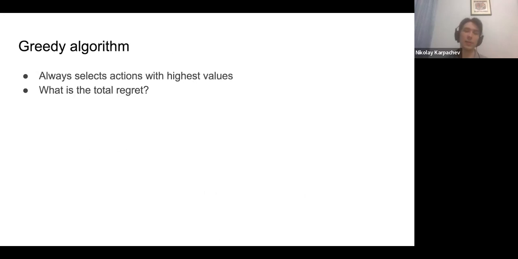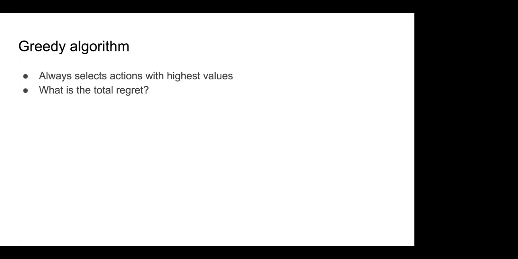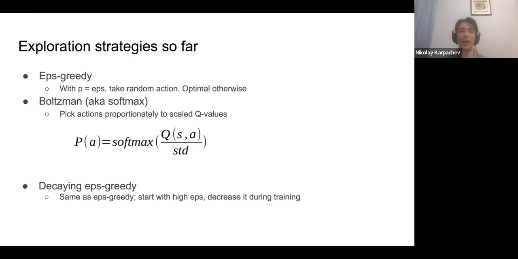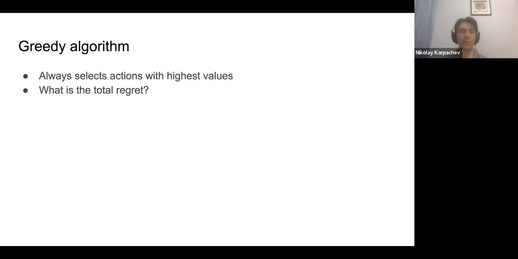So let's look a little bit closer at these algorithms and see what is not ideal about them. There is one more strategy that I didn't put on this slide. It's called greedy. I didn't put it here because it's actually not an exploration strategy, because it does not explore at all. In the greedy algorithm, we always select actions with the highest values.